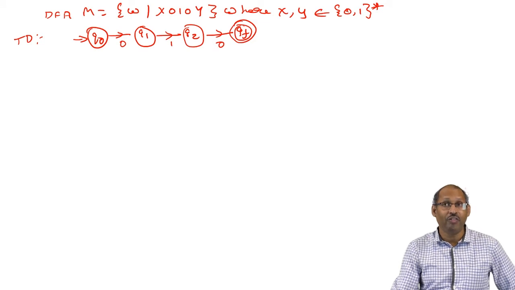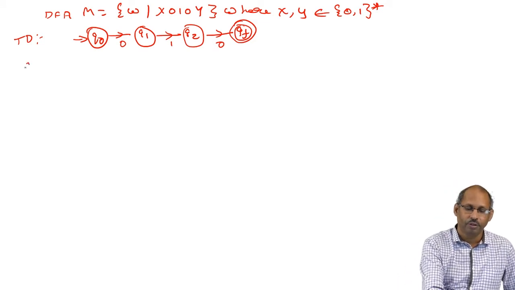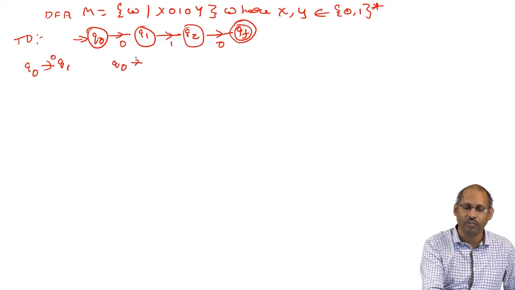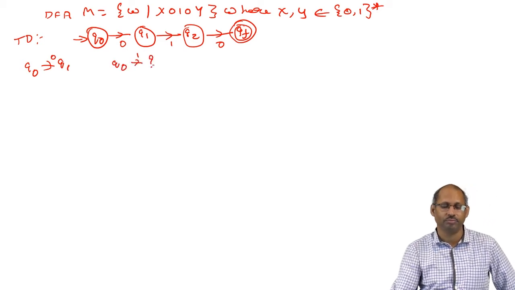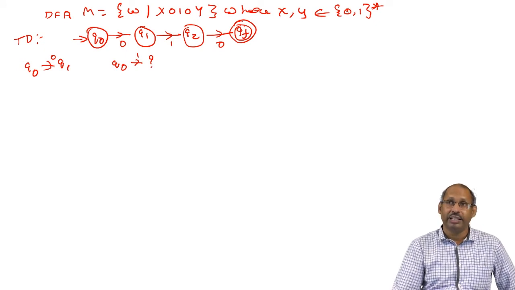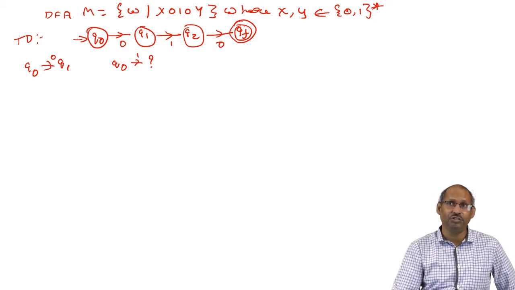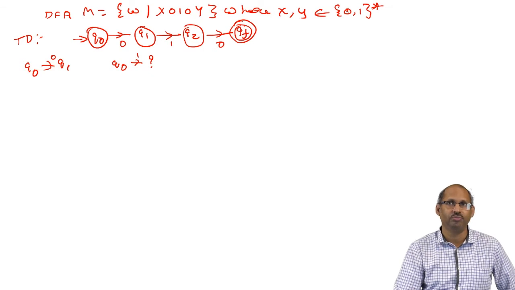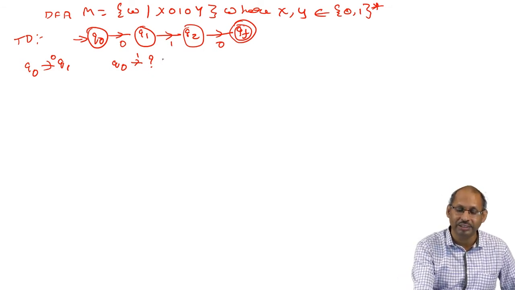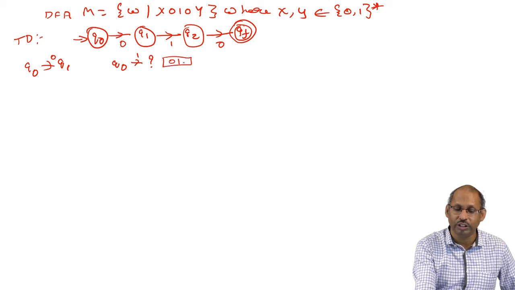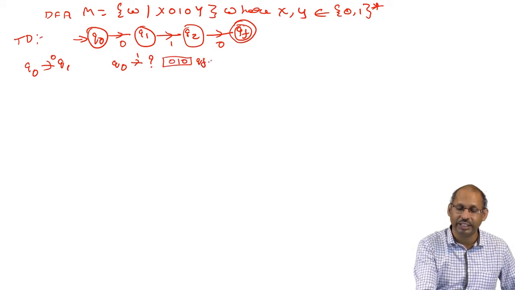Now, we have to find all the remaining transitions. Q0 on 0 goes to Q1, but Q0 on 1, where does it go? Is 1 a prefix of 010? No. So, it must follow 010 to reach the final state.